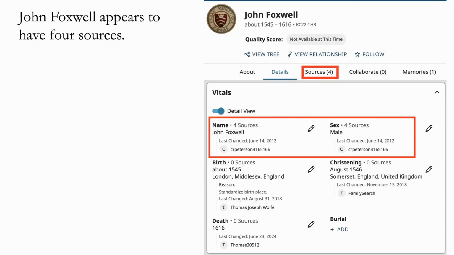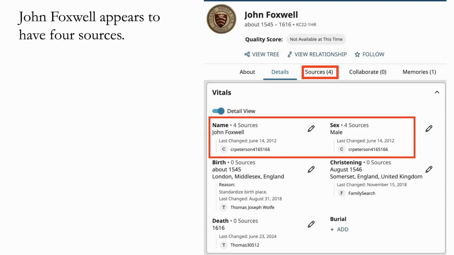Here's an interesting thing that FamilySearch does, and maybe you haven't focused on this when you've been working with the FamilySearch program. It tells you if the sources support the information. If you look at this, all 4 sources are simply his name, and there are no sources that substantiate any birth date or a christening date.